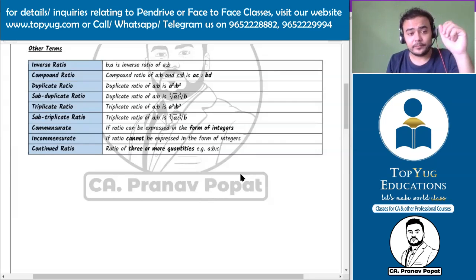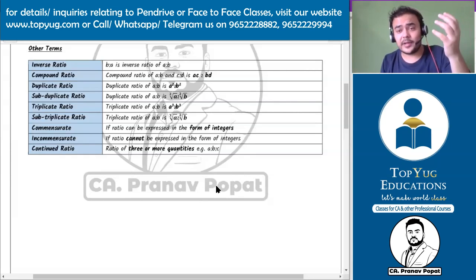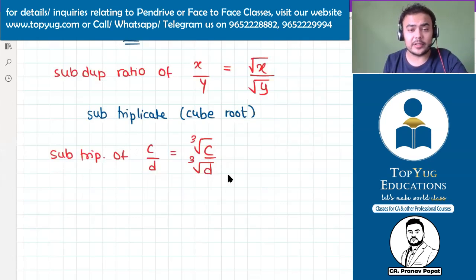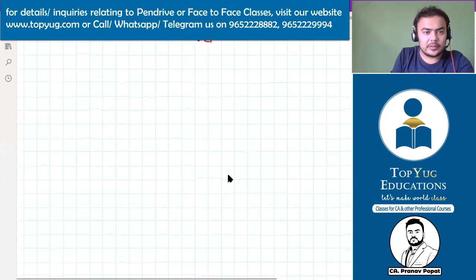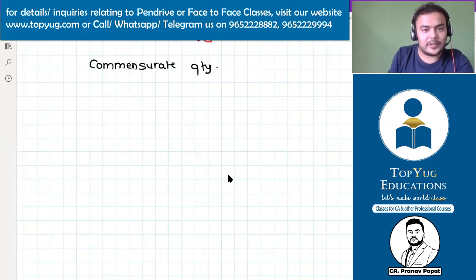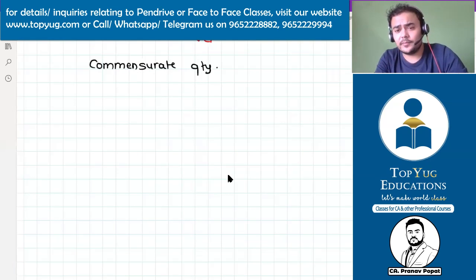Now another terms, commensurate and incommensurate quantities, not even ratio. What was a rational number? A rational number is just a ratio where both antecedent and consequent are integers, right?